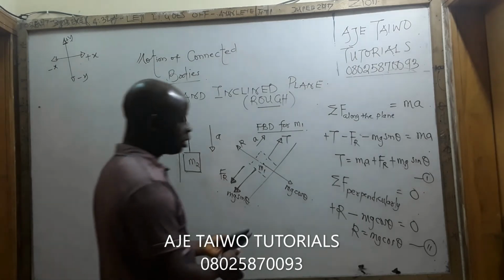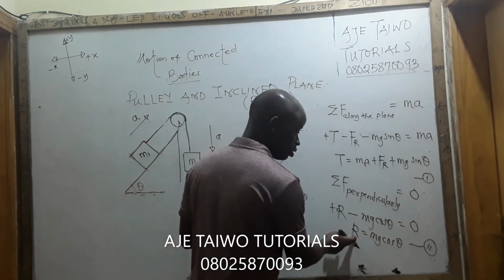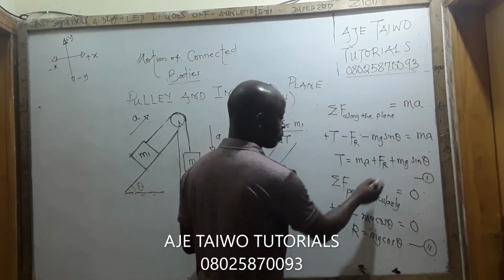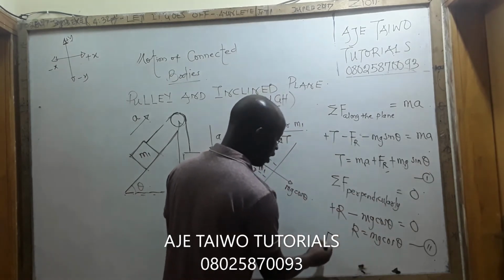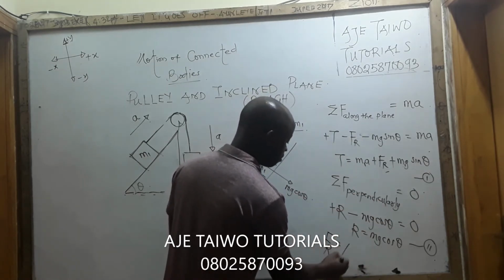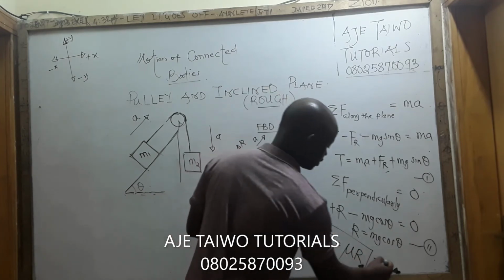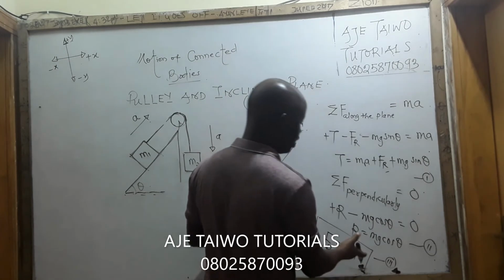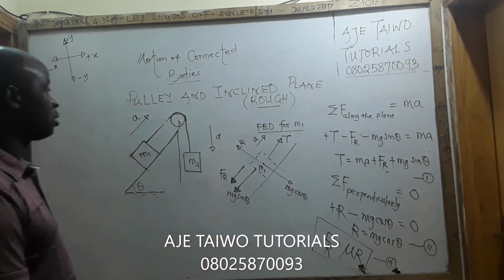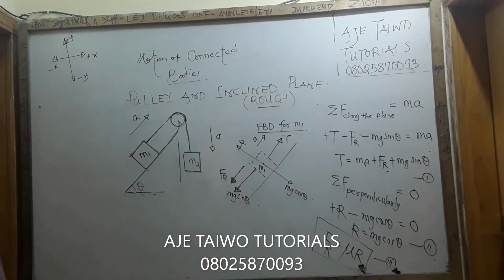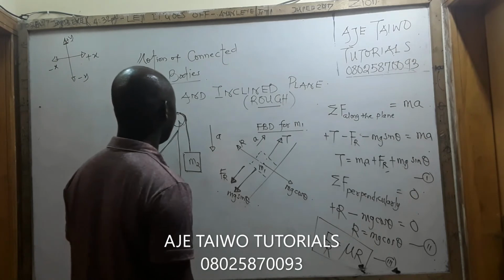So we have seen the equation. You know what this R is used for? R is to calculate FR. You know that FR, the frictional force, is mu R. They will give us the coefficient of friction. That's equation number 3.